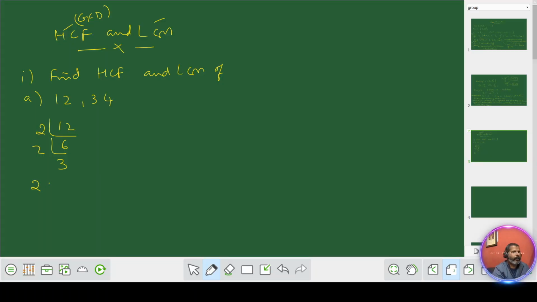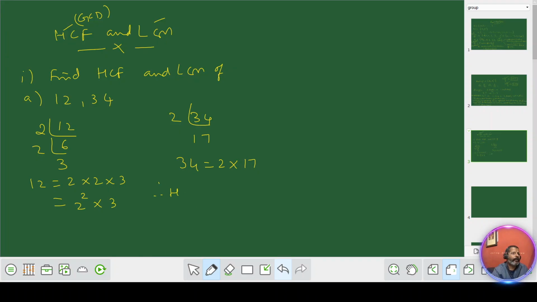Therefore, factors for 12 you have to write like this: 2 into 2 into 3, then 2 square into 3. We are in 10th standard, don't just leave 2 into 2 into 3. You exponent it. Okay. So 34, similar way, 2 17s are 34, 17 is a prime. That's it. 34 is equal to 2 into 17. Before you find HCF and LCM, make sure you get the prime factors properly arranged.